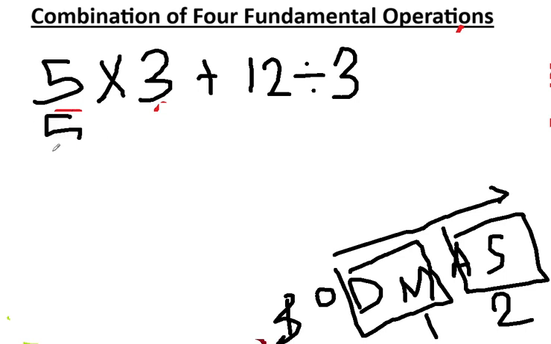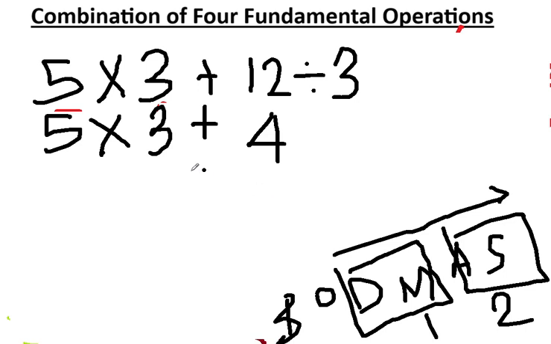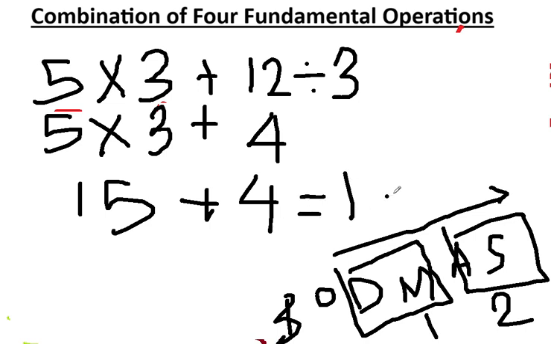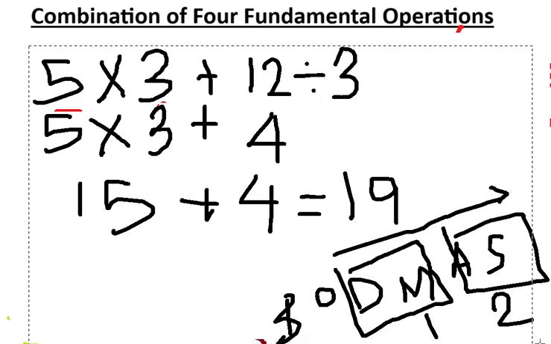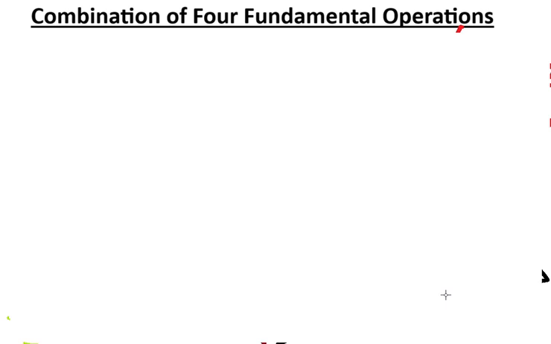Division first, so 5 times 3 stays the same, putting the plus sign. 12 divided by 3 gives us 4. After we are done with the division, now comes multiplication. So 5 times 3 equals 15 plus 4. We still get the same answer as 19. So we always come to the conclusion that whichever country's rule you follow, you still get the same answer at the end.